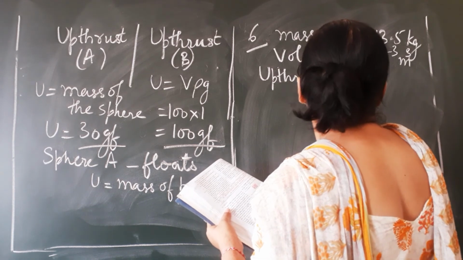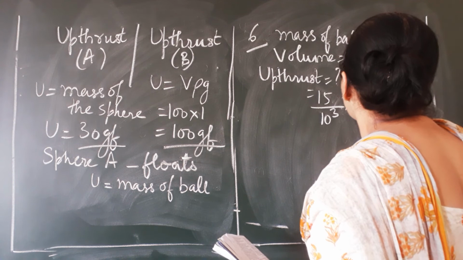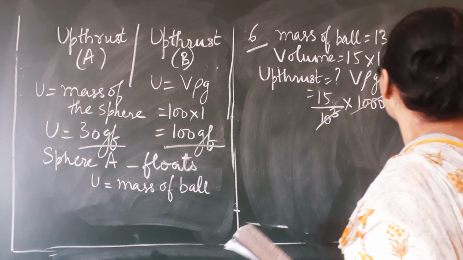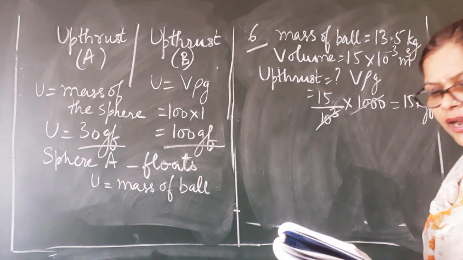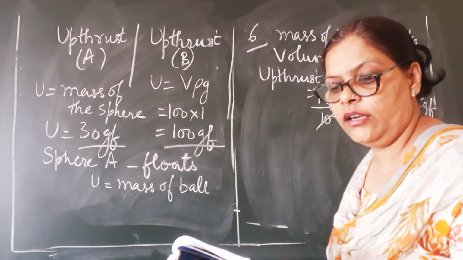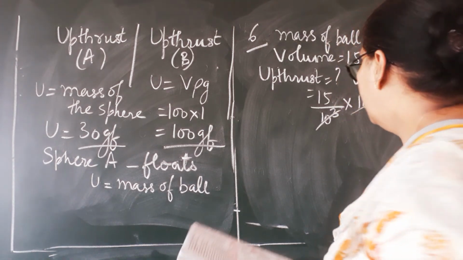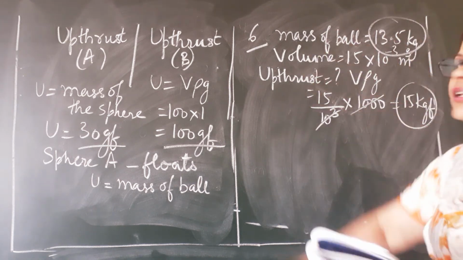What is the volume? 15 into 10 to the power minus 3. We take it down, 10 to the power 3. Density is 1000. This cancels. Our answer is 15 kgf. Okay, simple and direct. Then the second part is, will the block float or sink in water? Just have a look. The upthrust is 15 and the mass is 13.5.